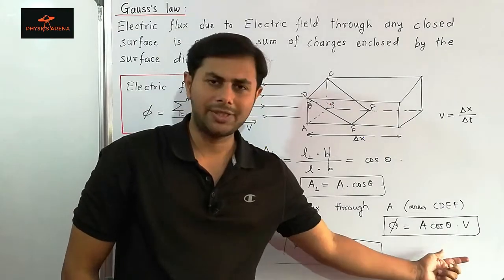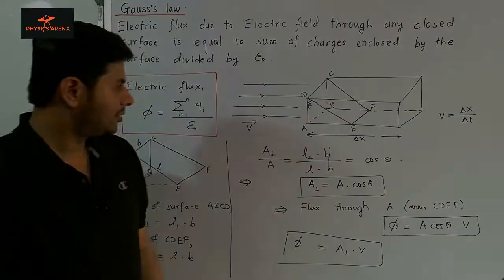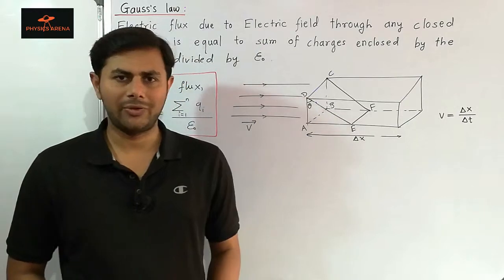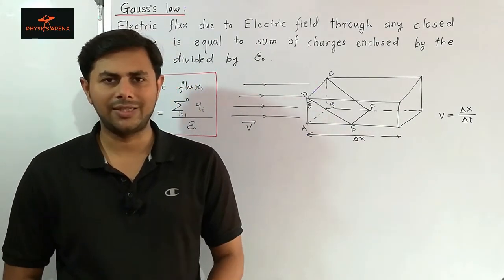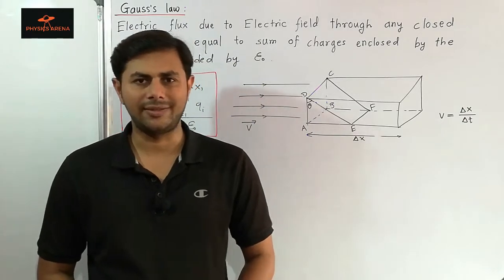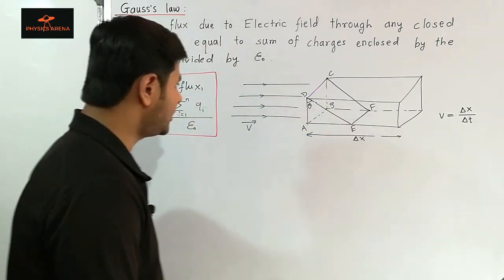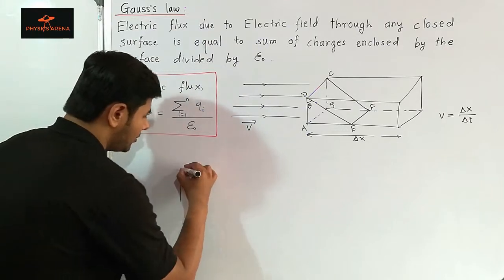So this is the relation for flux. Now we are going to represent area as a vector quantity, and you will see that the things fit very nicely. So let us consider this surface ABCD.